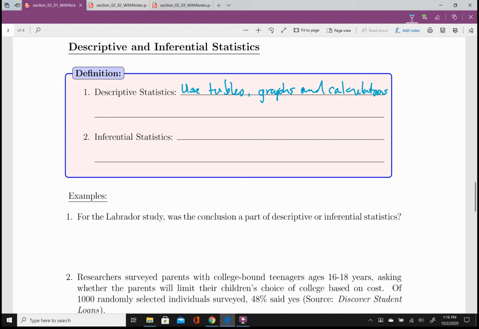About a sample to draw conclusions about the sample. That's probably the most important part of this definition here. Use tables, graphs, and calculations about a sample to conclude only about the sample.